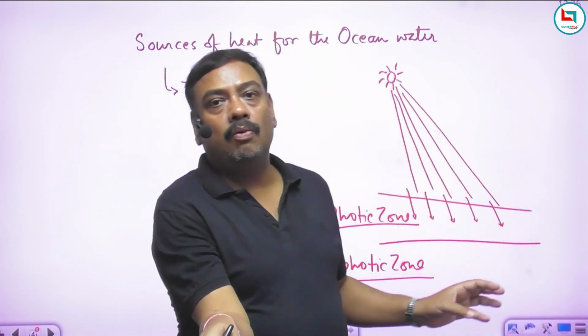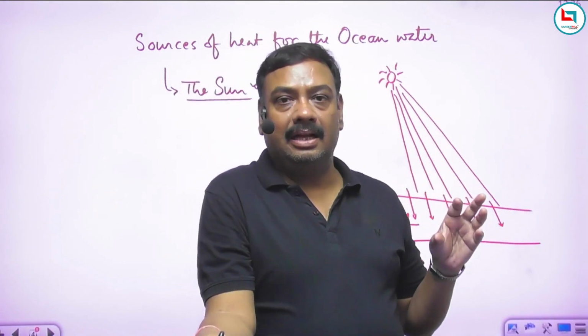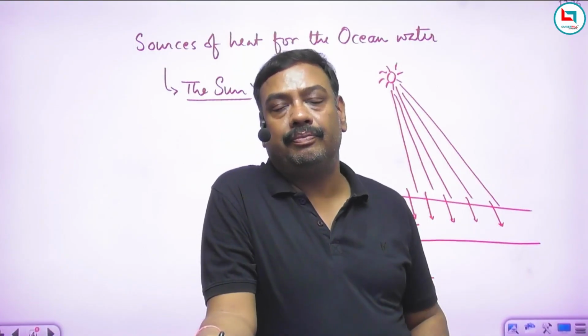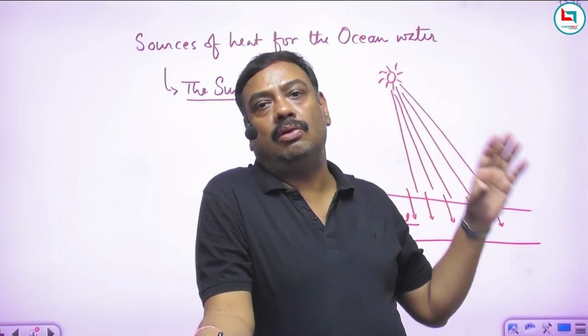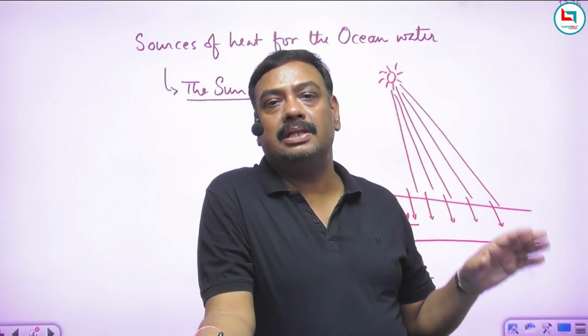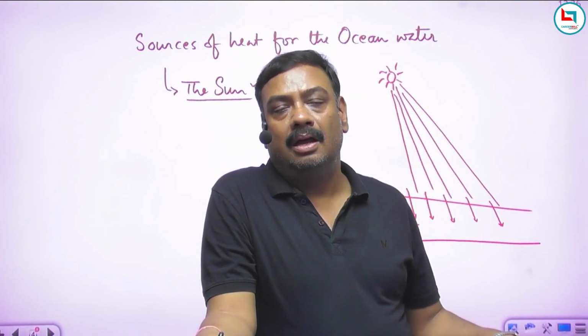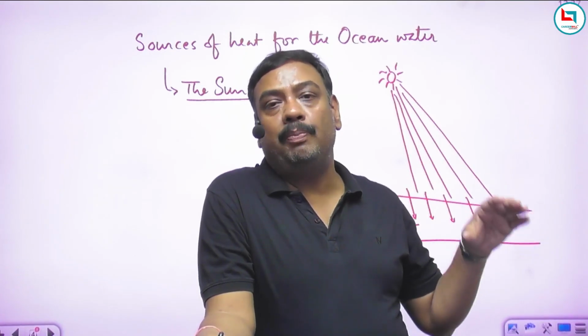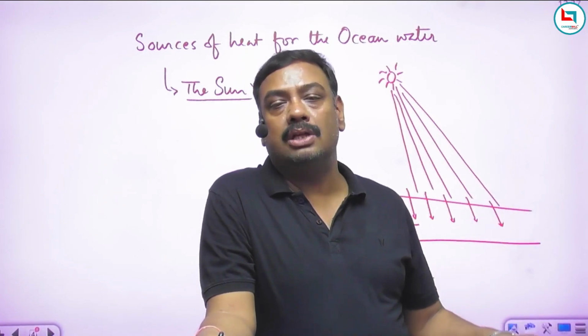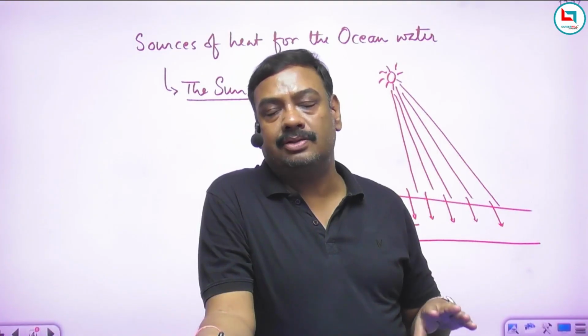The ocean water is getting heat directly from the solar radiation, and these solar radiations are not only received on the ocean surface, but they are also able to penetrate the ocean water, because ocean water is transparent.